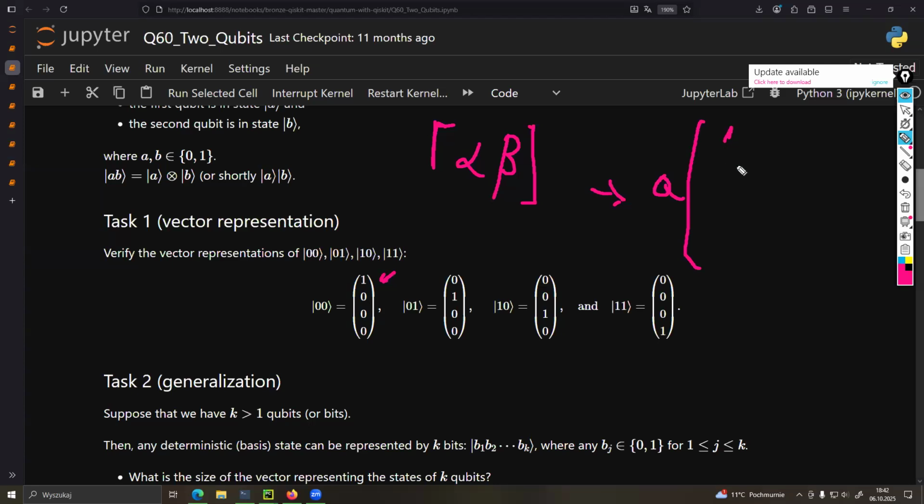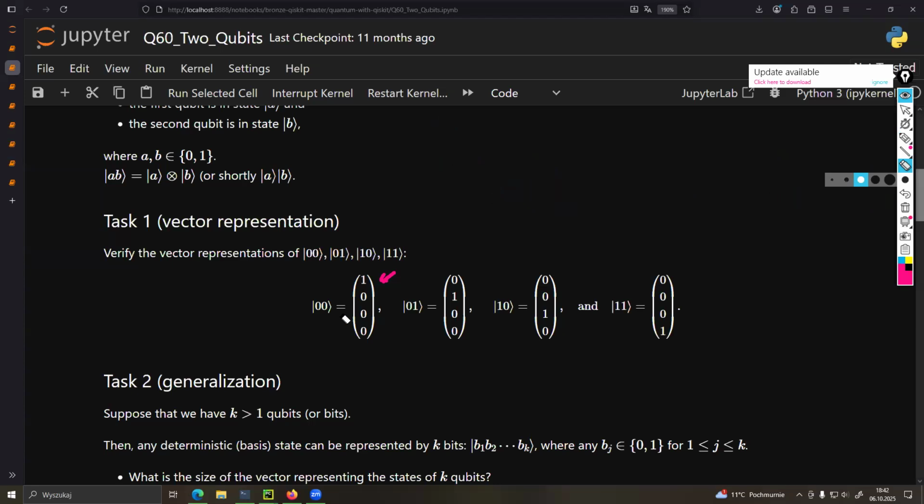We get 1, 0, 0, 0, and so on and so forth. And we can tensor product our qubits, no matter how many of these bits or qubits we have, we could represent them as a tensor product of these different states, right? And the same applies in the quantum world. The same logic of creating those state representations.